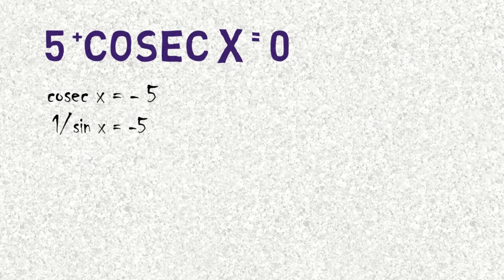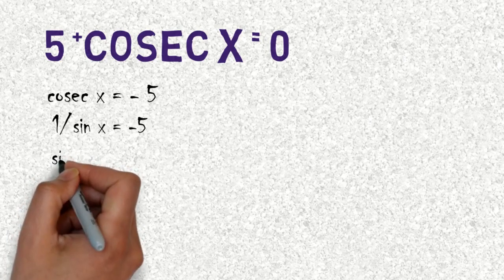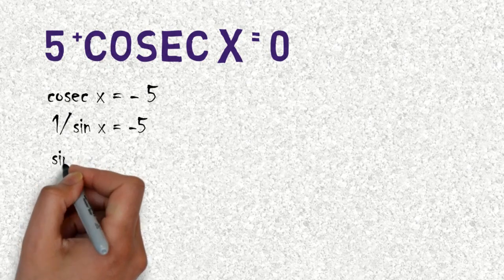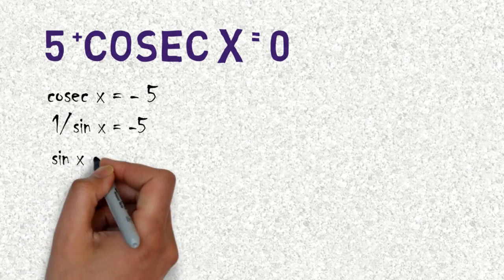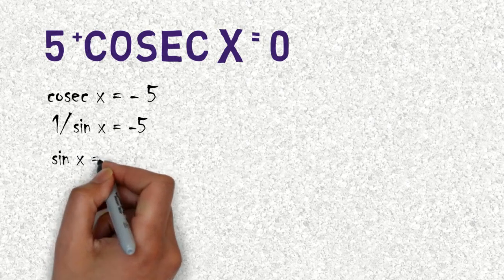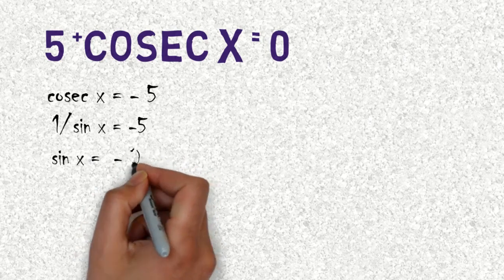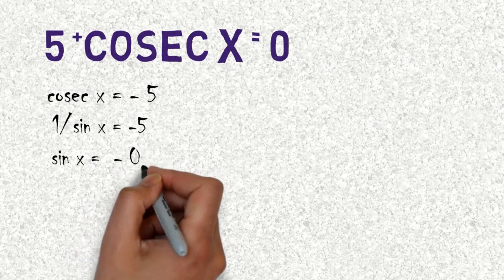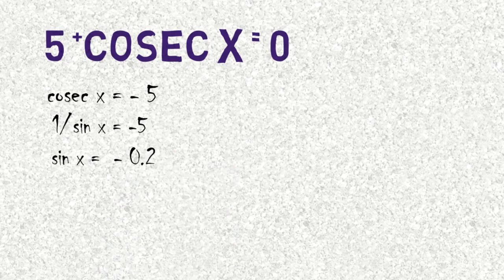So we can convert it into sine x is equal to 1 by minus 5. So 1 by minus 5 is equal to minus 0.2, which means that the values are in the third and the fourth quadrant.